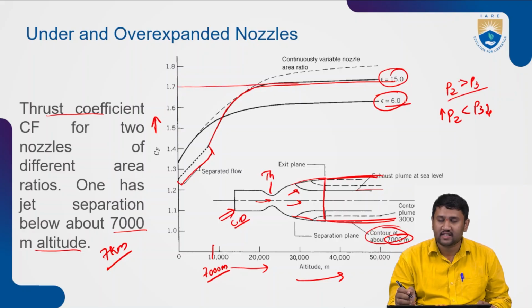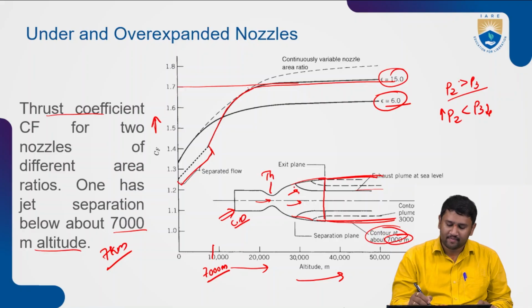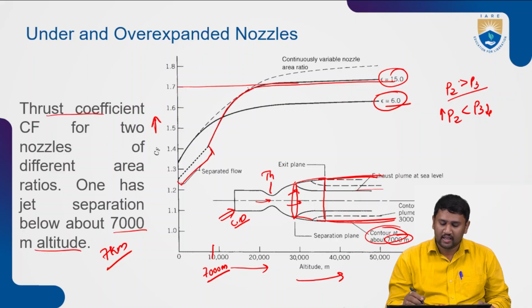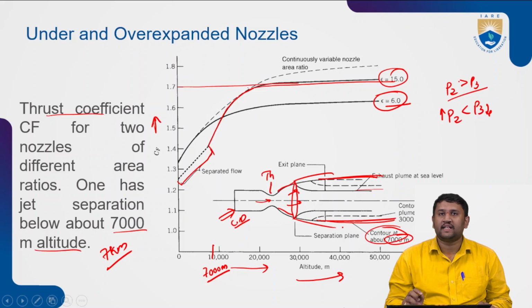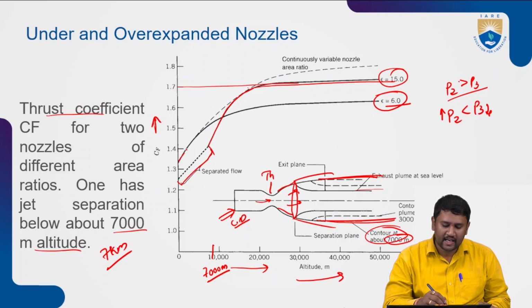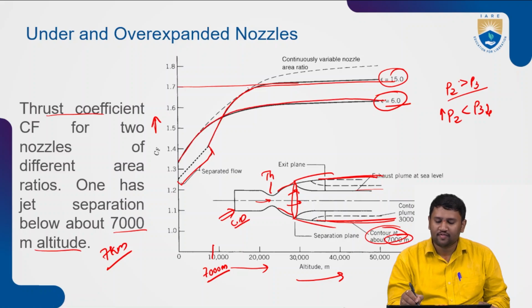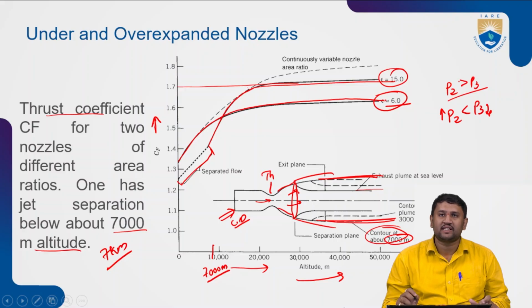Similarly, for an area ratio of 6, what happens? If I am considering this as my bell nozzle, the flow tends to expand from here itself. So you can get a more clear amount of thrust from the initial stage itself, without any flow separation.